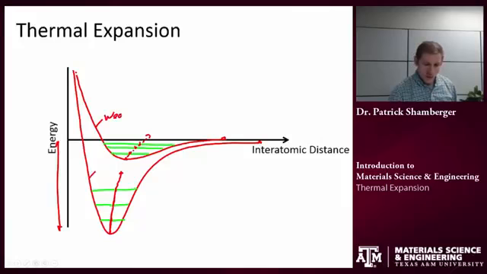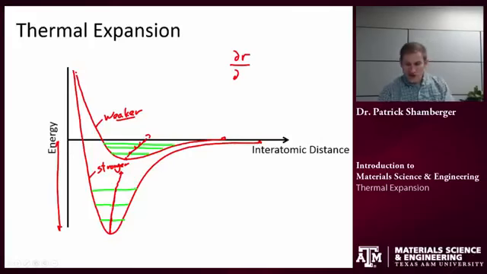So again, this is the weaker bond, this is the stronger bond, and you see the slope here. The slope here is basically telling us what is the change in equilibrium distance per change in energy, but we could relate that back to a change in temperature, right? Because we're heating it up. So what this shows us is that the weaker the bond, the higher the thermal expansion is.